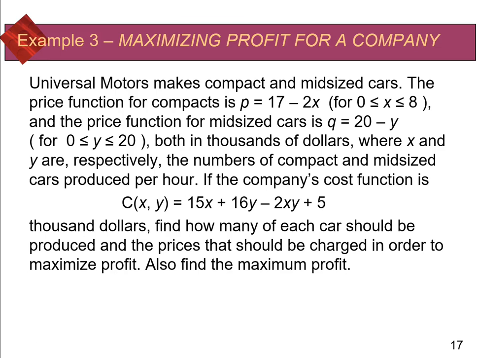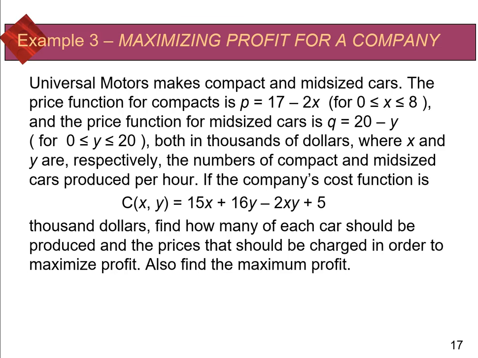These are both in thousands of dollars, where x and y are respectively the numbers of compact and mid-sized cars per hour. If the company's cost function is C of (x, y) equals 15x plus 16y minus 2xy plus $5,000, find how many of each car should be produced and the prices that should be charged in order to maximize profit. Also, find the maximum profit.